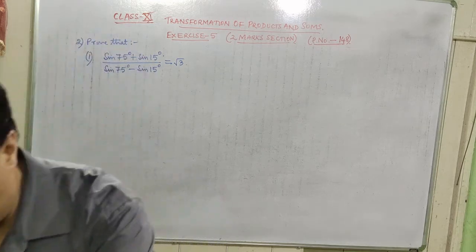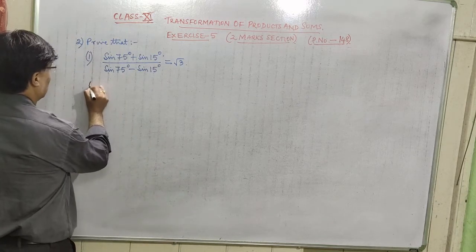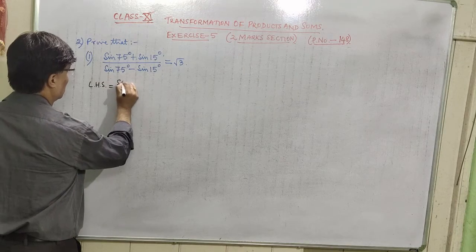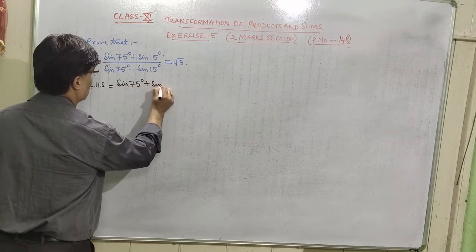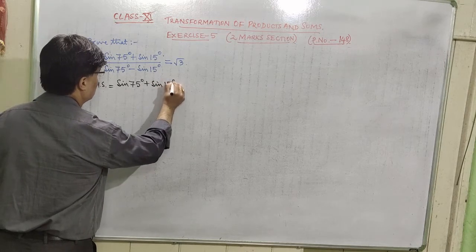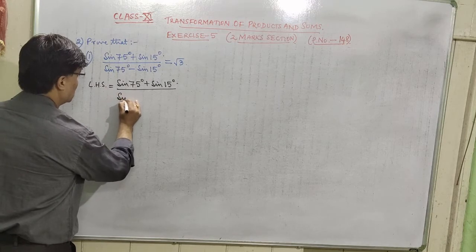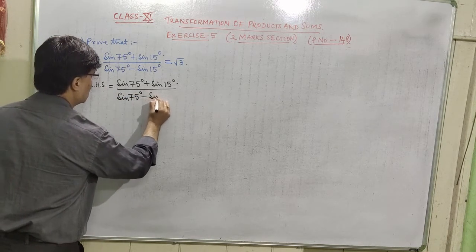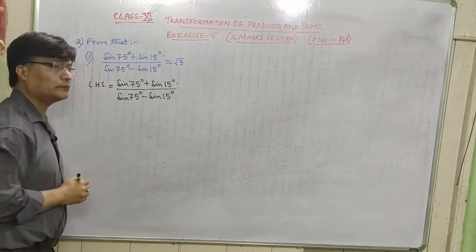LHS is equal to, let us write down the left hand side: sine 75 degree plus sine 15 degree divided by sine 75 degree minus sine 15 degree, right?